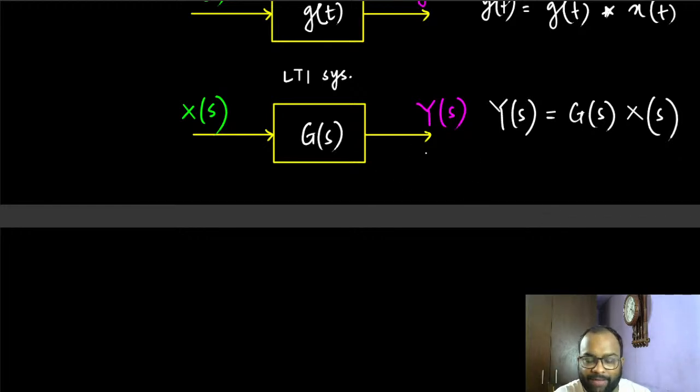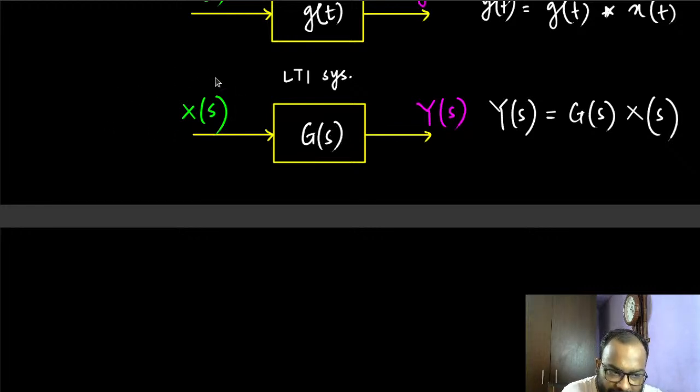For example, if we have a cascade system, with another system here, then Y(s) goes into that, and whatever is the Laplace transform of its impulse response is what it gets multiplied with, and you get the output. So in the Laplace transform domain, this acts just like an amplifier.